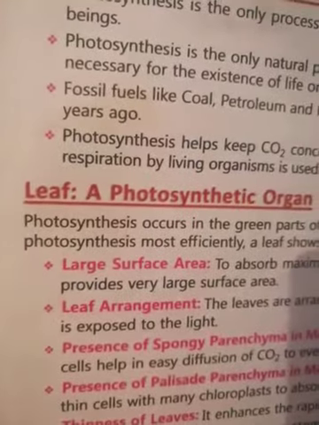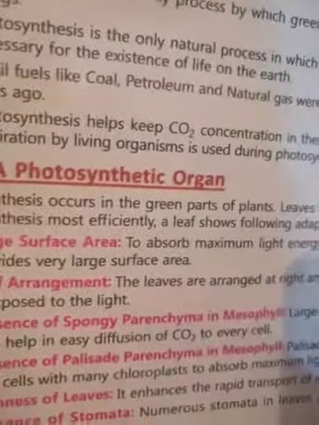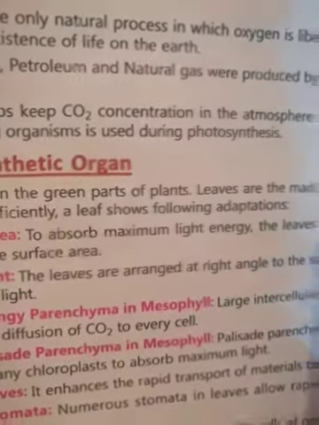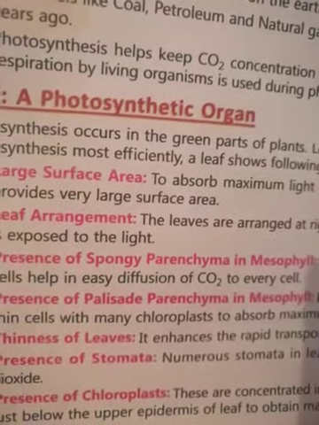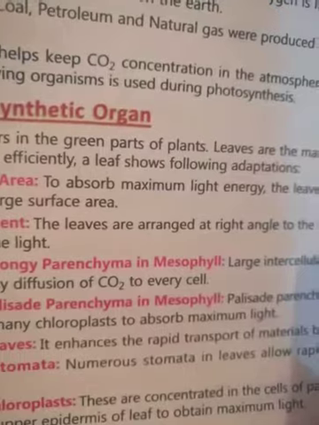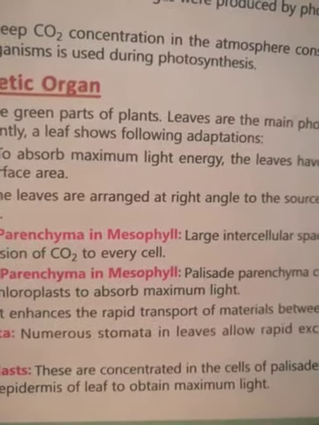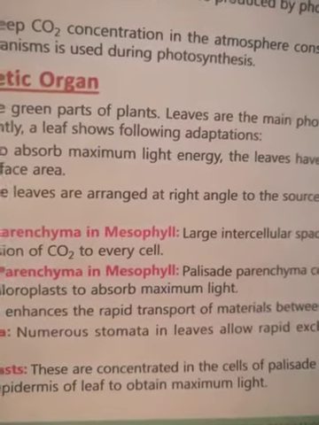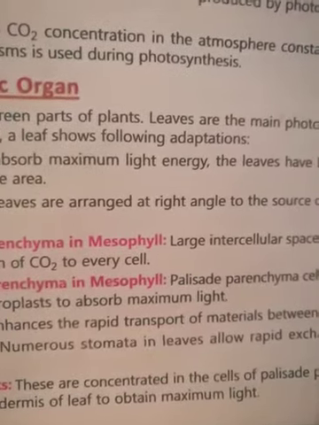Photosynthesis occurs in green parts of plants. Leaves are the main photosynthetic organ to carry out photosynthesis most efficiently. A leaf shows the following adaptations. There are many adaptations which a leaf attains.